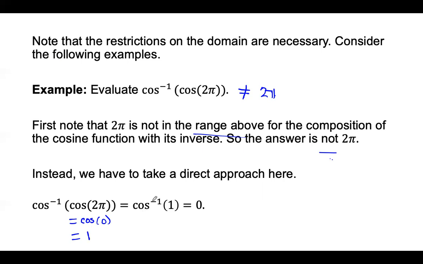So the cos inverse of 1 is equal to 0, which is not 2 pi. So therefore, we find the cos inverse of cos of 2 pi is actually equal to 0, which is not 2 pi. So it's kind of interesting, this little part here.